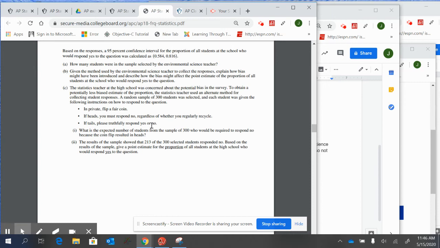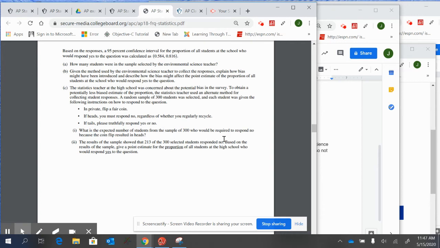They have to say no if the coin flip came out heads. So now the science teacher isn't sure if they said no because of the coin flip, or because they really don't recycle. And then you can truthfully respond without worrying about being judged there.